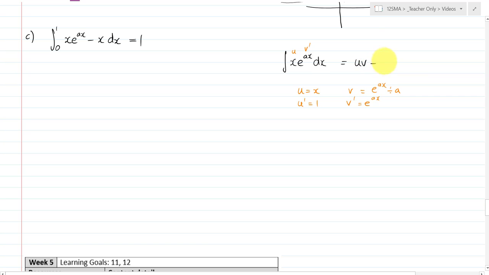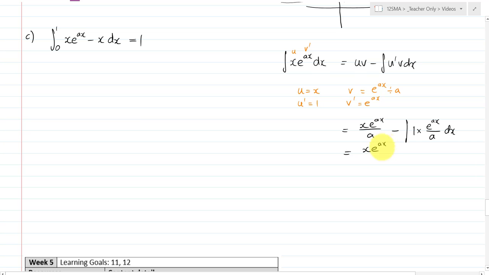Now I can write out my full expansion. That's equal to uv minus the integral of u dash v dx. So that's equal to uv, which is x e to the ax over a, minus the integral of u dash v, which in this case is 1 times e to the ax over a dx. And of course that integrates quite nicely, my apologies.